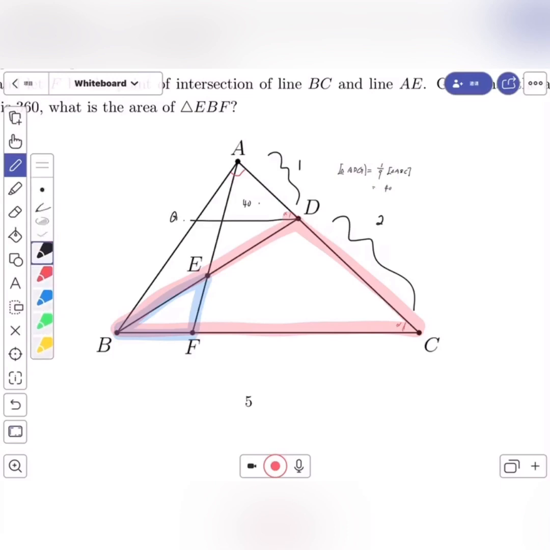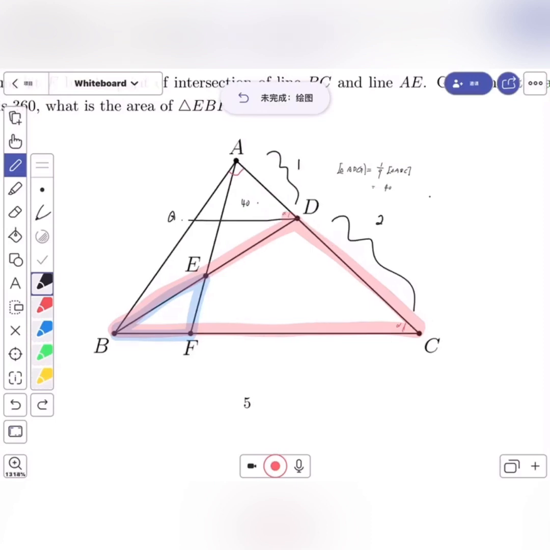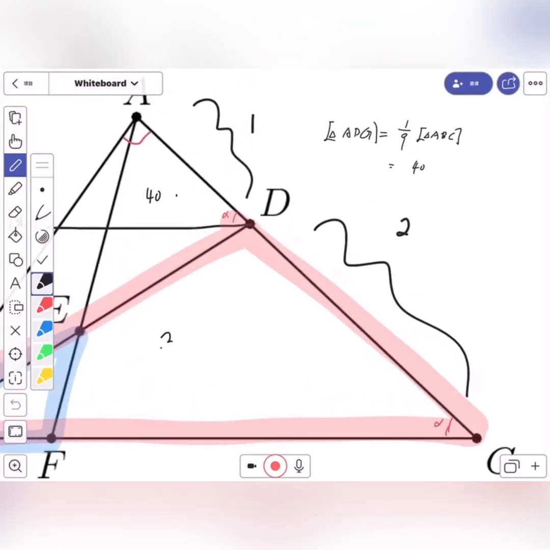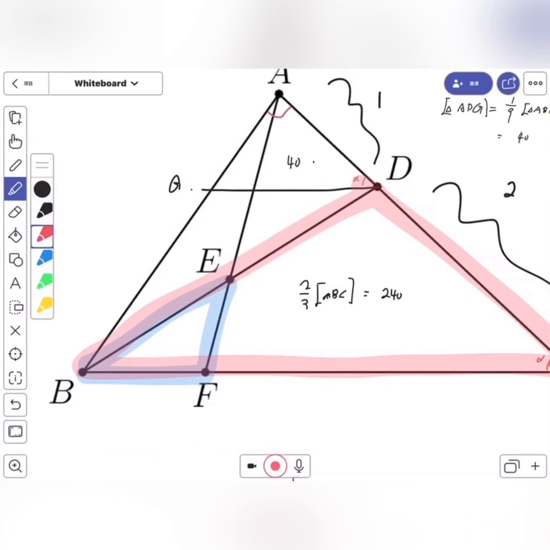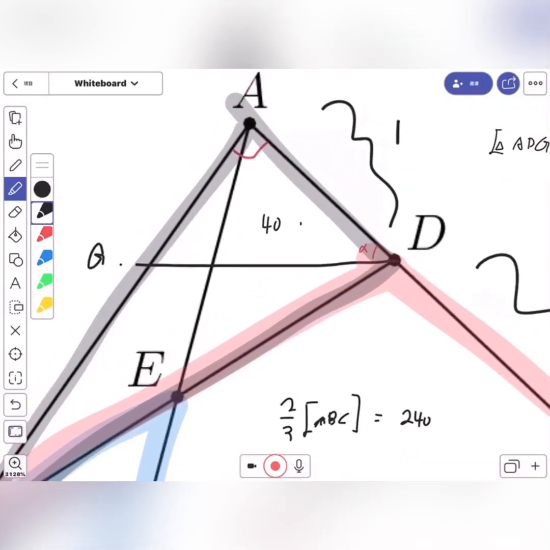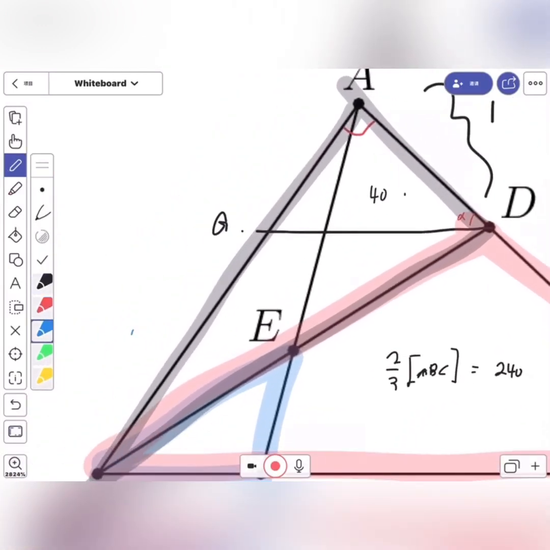The base is twice the base of ABD, and so this one is going to be 2/3 times the area of ABC, which is I believe 240. So triangle ABD would have an area of 120.